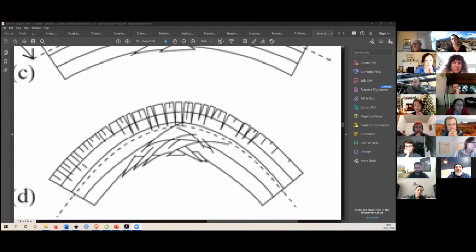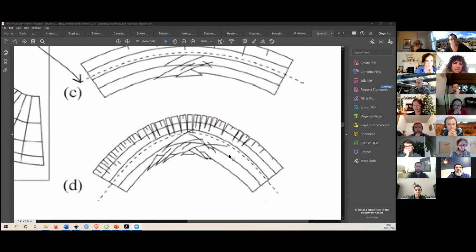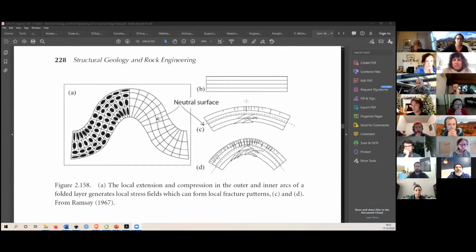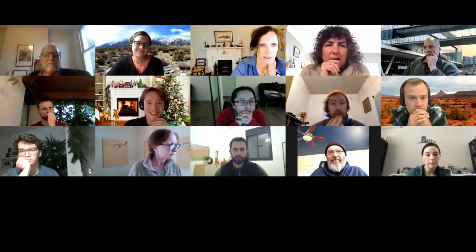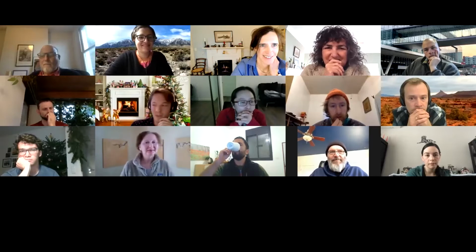The difference in lithology also affects whether the rock deforms in a ductile or brittle manner, and that affects the way that fractures propagate. I can keep talking, but the main point is that there's a lot of knowledge from the geological realm here as well.